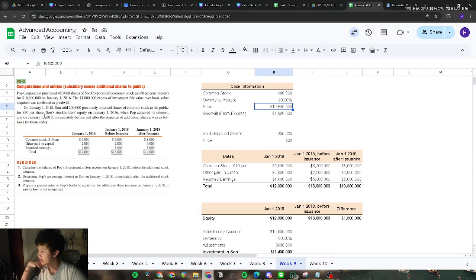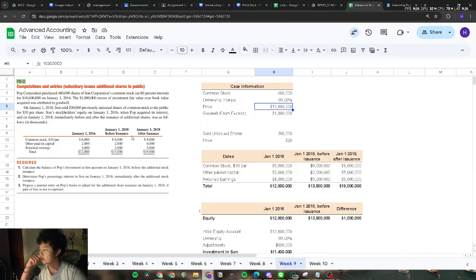And basically you have this table which shows you their common stock, paid in capital and retained earnings on January 1st and January 1st 2018, before the issuance and after the issuance of stocks.